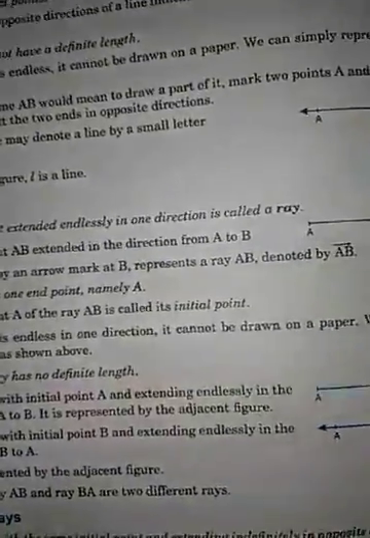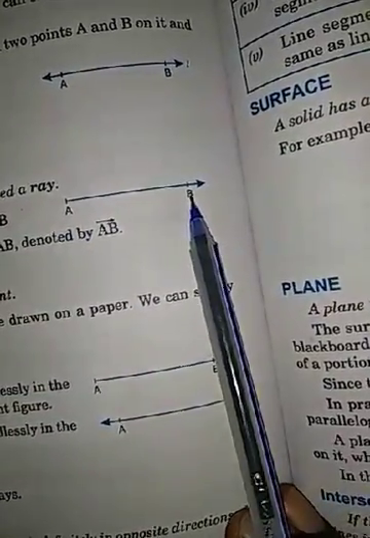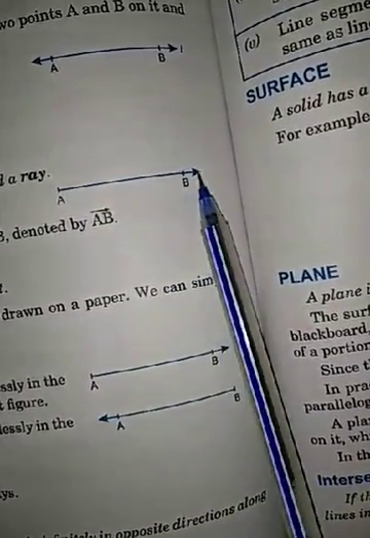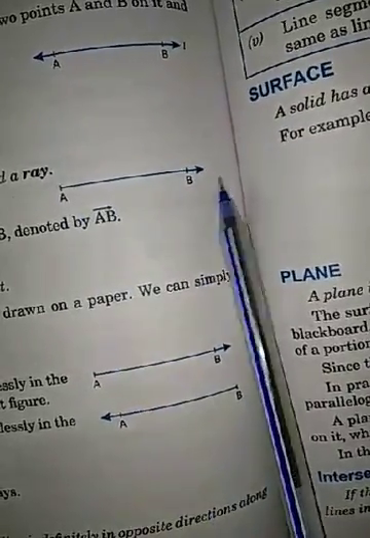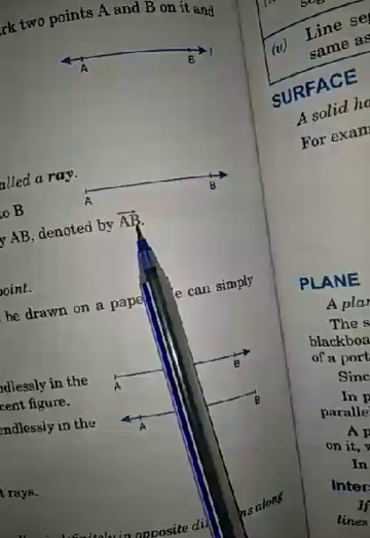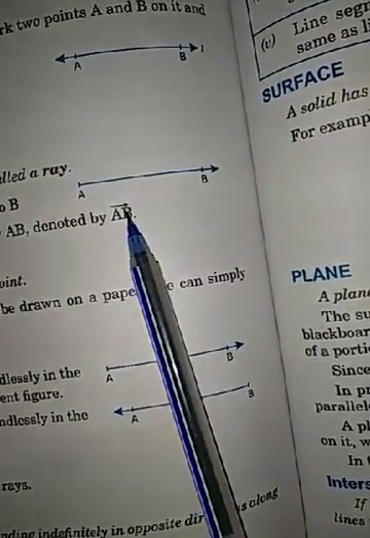Now ray. A line segment extended endlessly in one direction is called a ray. A line segment AB extended in the direction from A to B and marked by an arrow mark at B represents a ray AB, denoted by an arrow over AB.